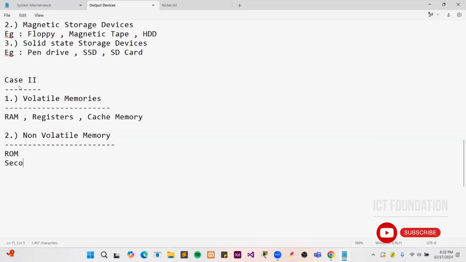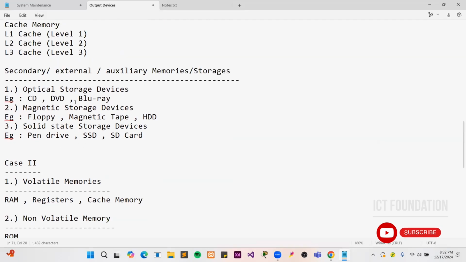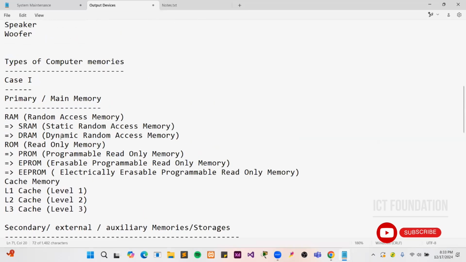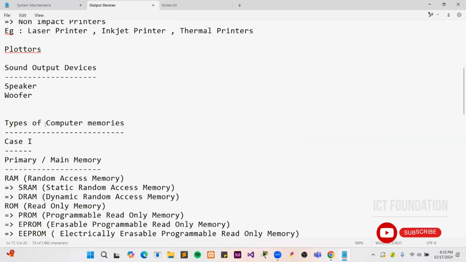And all secondary memories we call non-volatile memory. I think we have 9 examples of secondary memories, and these 9 examples come under non-volatile memory. So these are the basic things about computer memories.